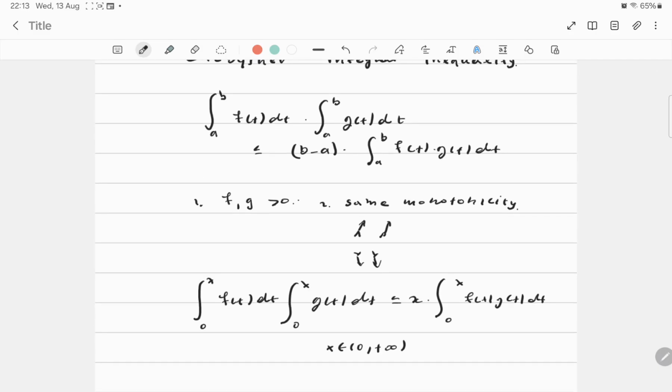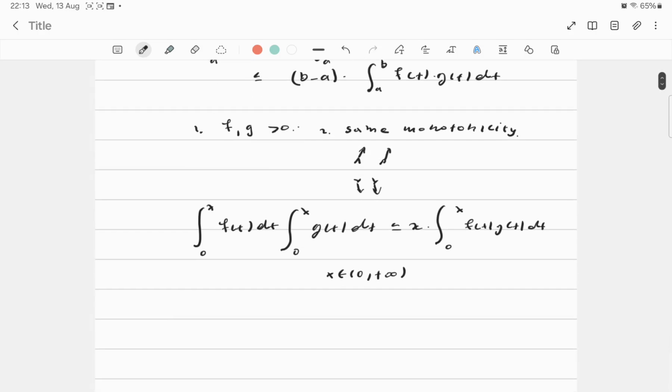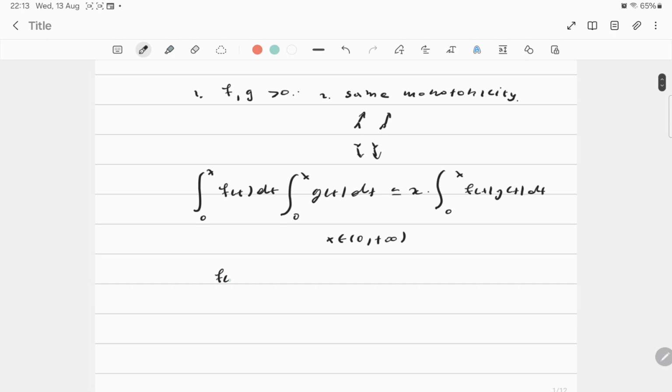So the lower bound is 0 and the upper bound is x. And now we have to take the functions. Let's take f of t equals e to the power of t and g of t equals t. These functions are positive: f is positive for t belonging to 0, x and g is positive for t belonging to 0, x.